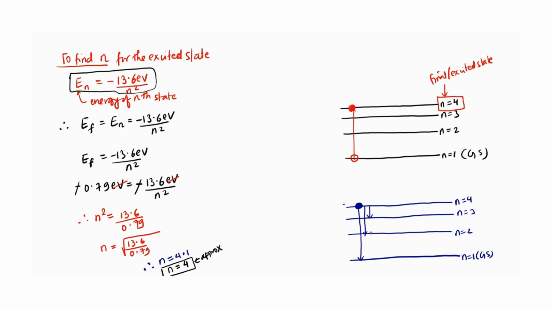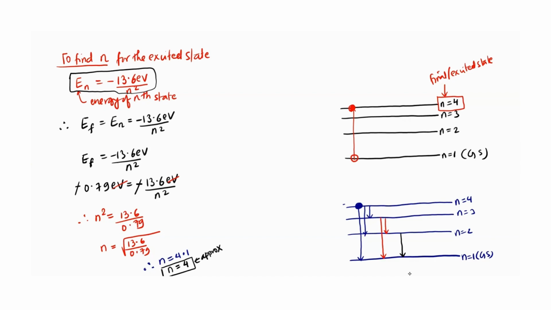From n equals 3 we can have a transition to n equals 1 and to n equals 2, and from n equals 2 to n equals 1.